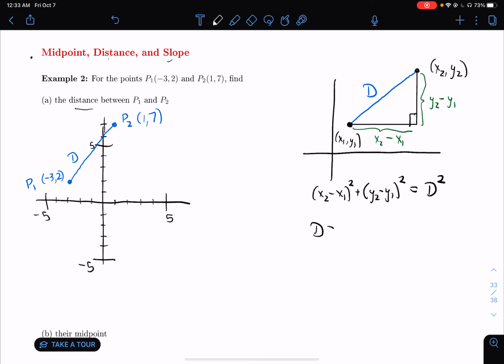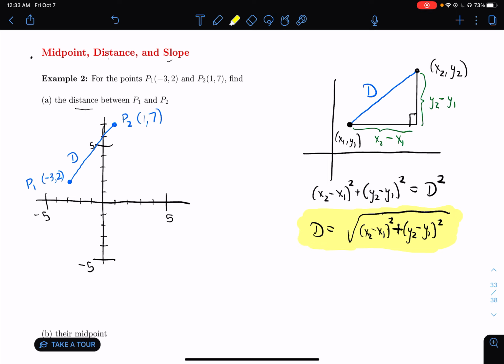So d is going to be the square root of (x2 minus x1) squared plus (y2 minus y1) squared. And remember, I cannot just distribute the square root to each of these terms because these terms are being added. There's nothing here that would cancel. So that is the general distance formula. It just comes from the Pythagorean theorem that we know and love.